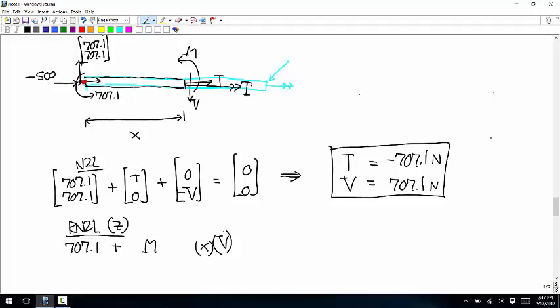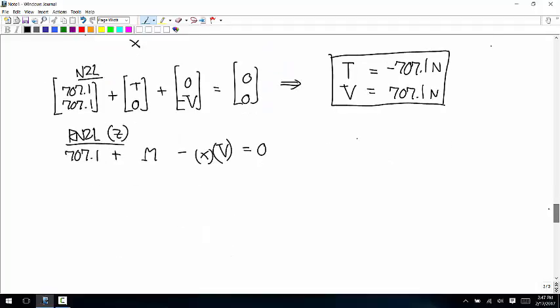Okay, so if V is positive, say you have a force of 5 acting down, that downward force would make it rotate clockwise around that about point. So this is negative. And that's equal to 0.